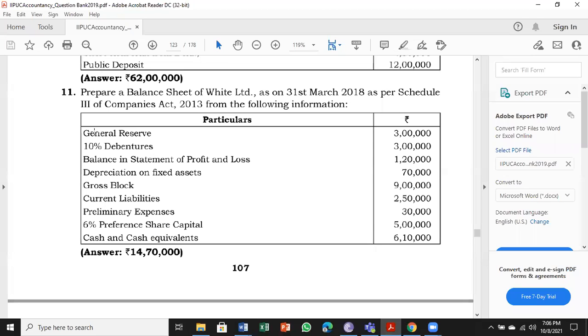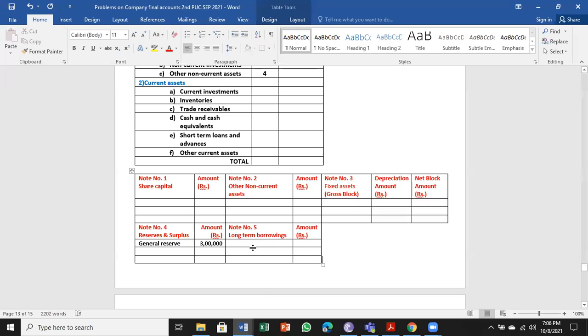Next, 10% debentures. Straight away we can take it to the long-term borrowing, or you can take it under a separate heading as I have written here for you to understand. We have done this in many problems. Long-term borrowings, debentures, 3 lakhs.